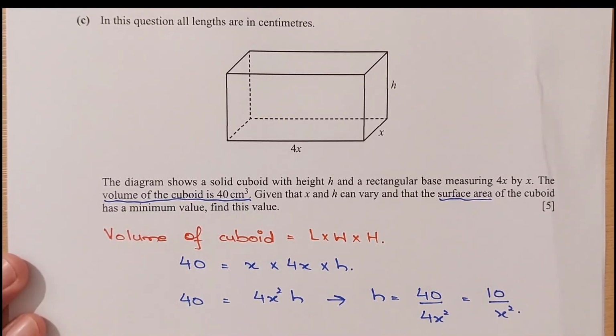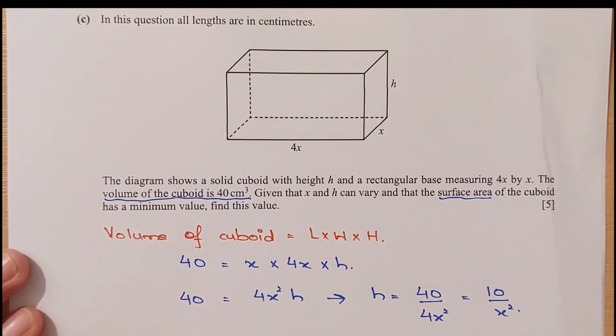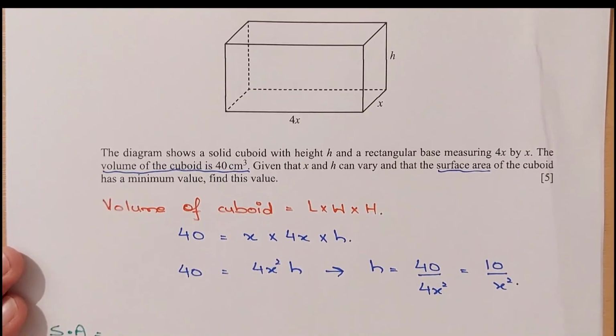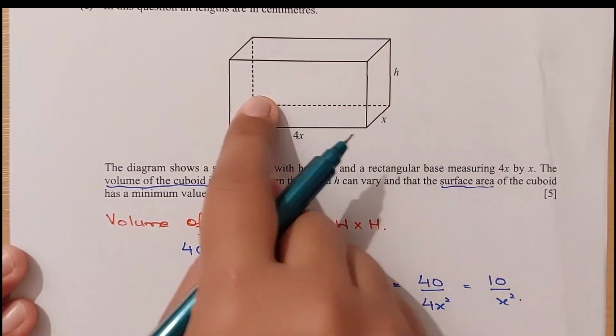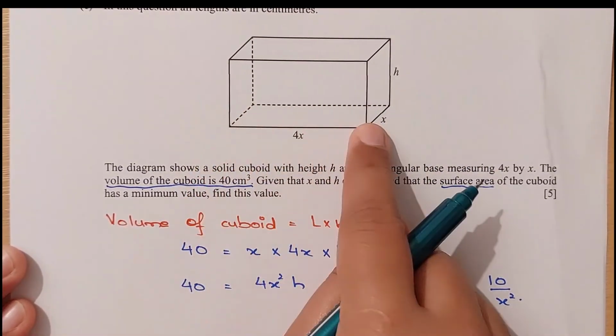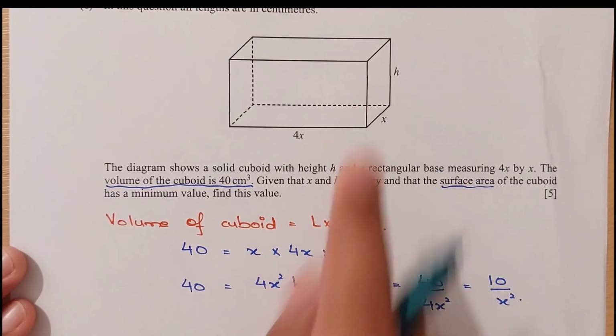Surface area of a cuboid, we have 1, 2, 3, 4, 5, 6 faces for the cuboid, right? So let me do the surface area of a cuboid. Okay, so the first face, the front and the back, the two same faces. The front is a rectangle, it is 4x by h, right?